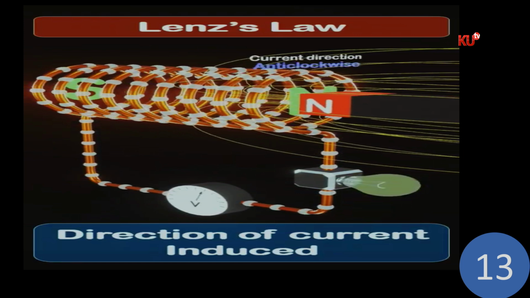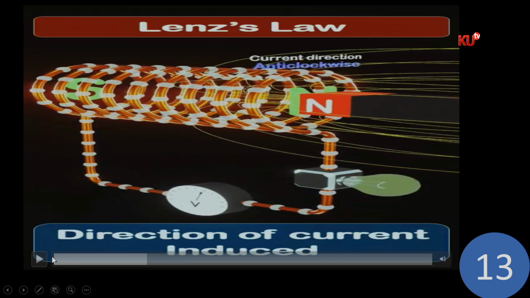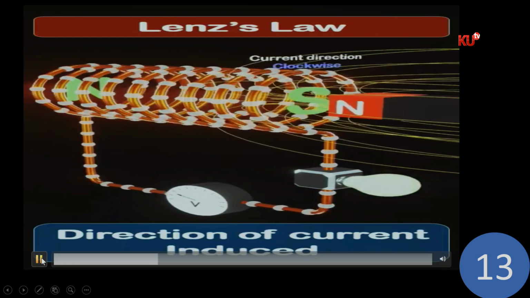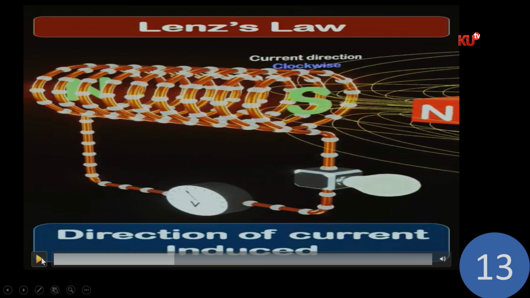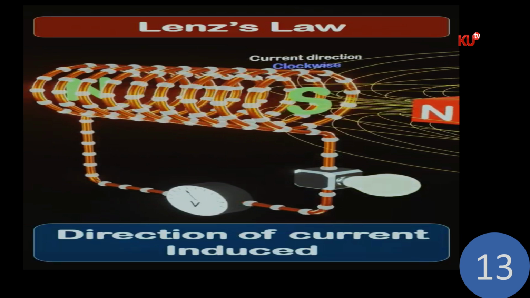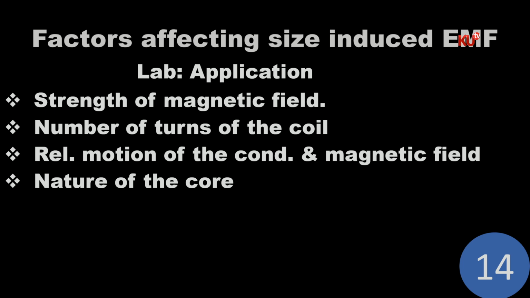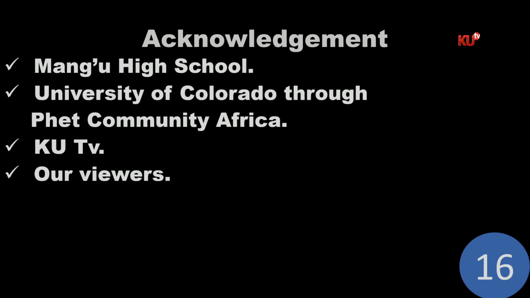So that face becomes the north. When it becomes the north, it resists the magnetic flux moving onto the surface. And then, when the bar magnet moves out, that face adjusts itself in a manner that current is made to flow in the clockwise direction to resist the bar magnet being pulled out of the coil.